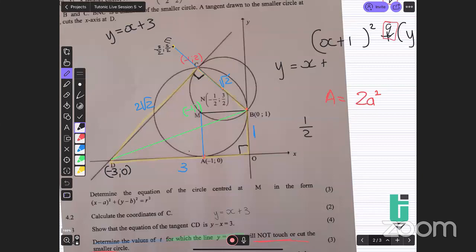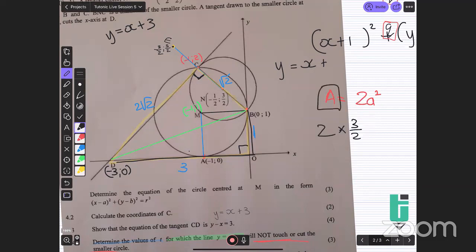Half of 2 root 2 times root 2, which is 4 over 2, it's just going to be 2, right? You guys agree? Yes, just 2. And the area of the first triangle is 3 over 2.